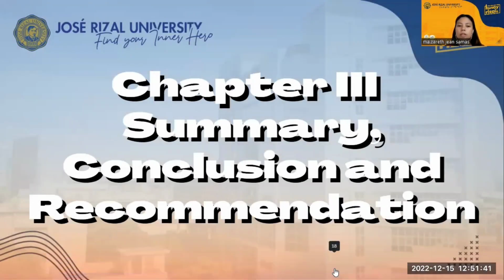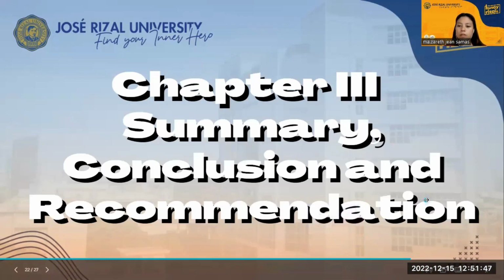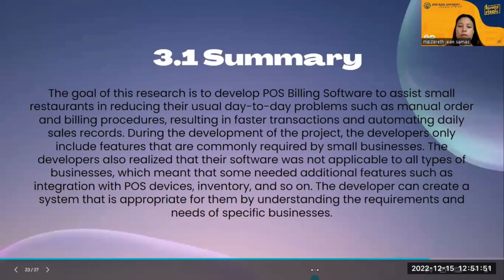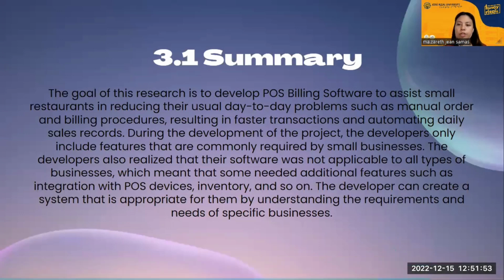Now I'll go over the summary, conclusion, and recommendation in Chapter 3. The primary objective of this research is to develop a point of sale billing system to help small restaurants with everyday issues like manual order and billing procedures, which will speed up transactions and automate daily sales records.